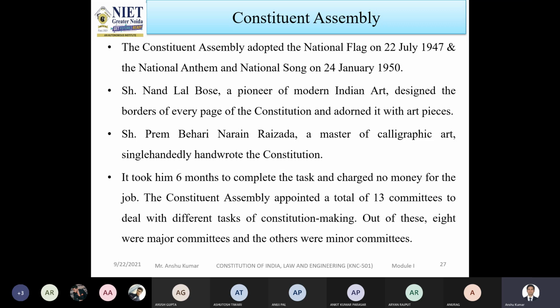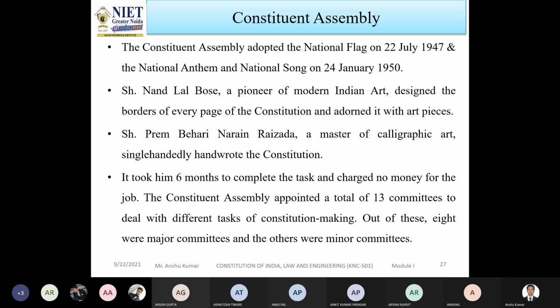And Sri Prem Bihari Narayan Raizada, master of calligraphic art, single-handedly handwrote the Constitution. It took him 6 months to complete the task and he charged no money for the job.